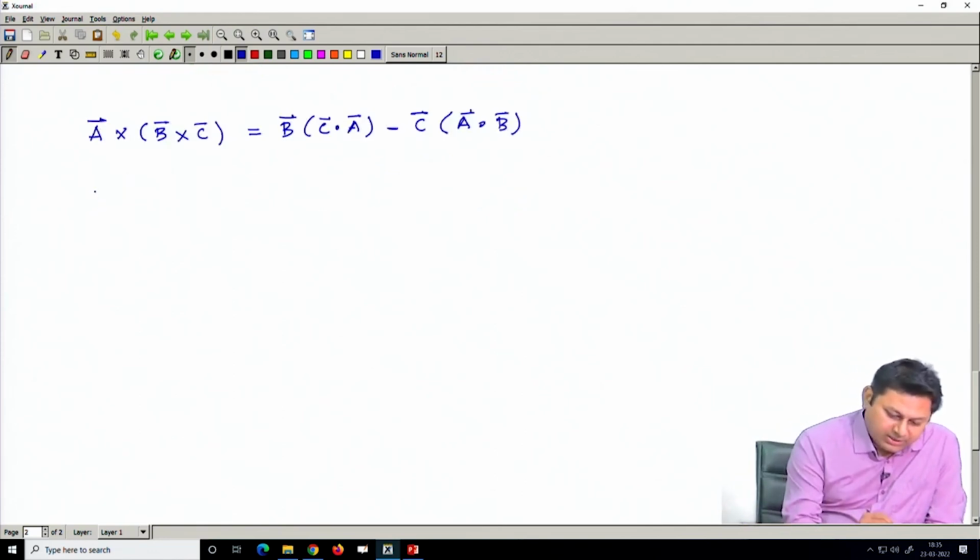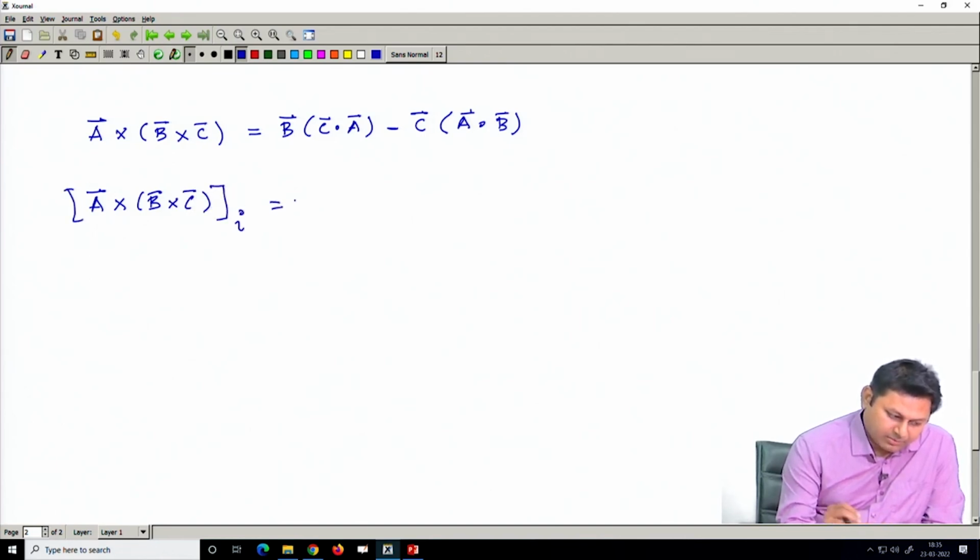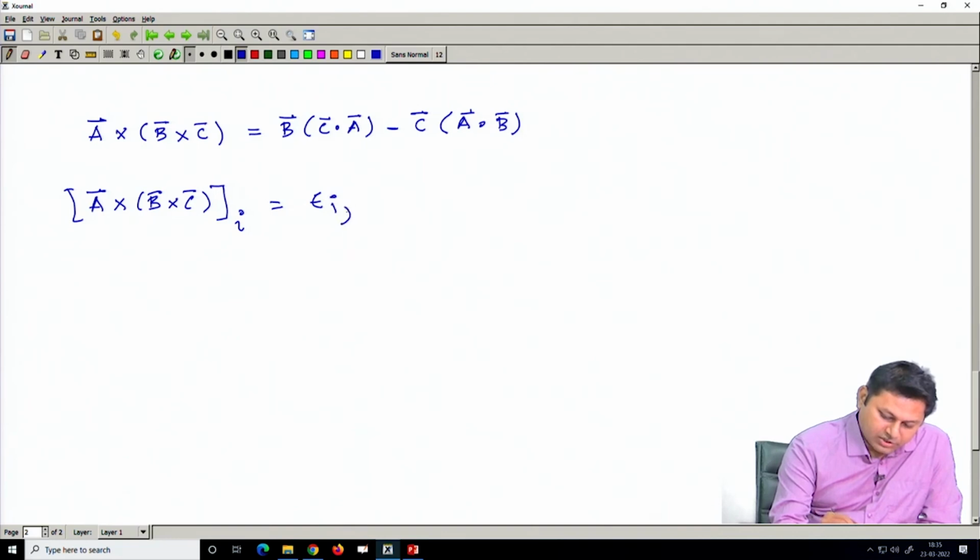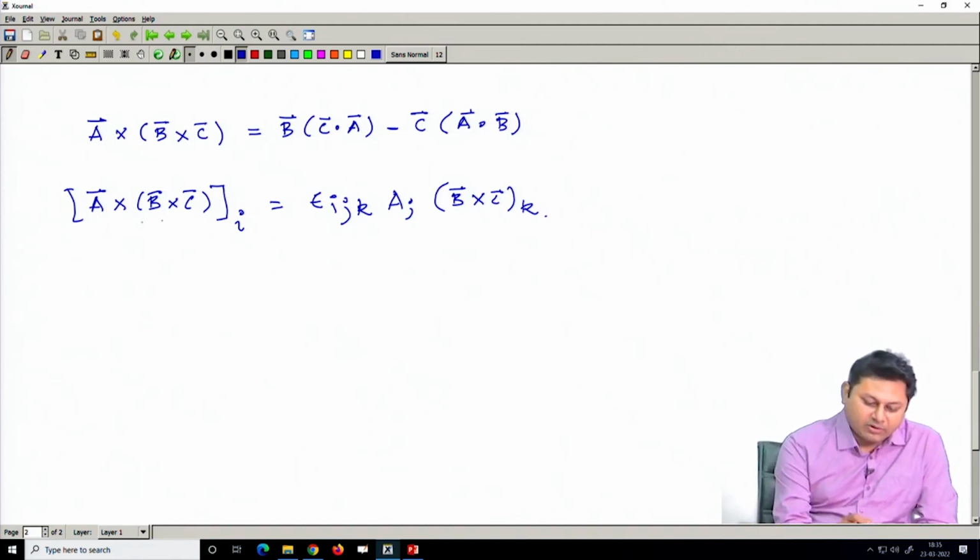So, like the way we did in the previous case, A cross B cross C, if I want to find out the ith component of this vector quantity, it will be simply epsilon I j k A j, and whatever I have here, this vector quantity B cross C, the kth component of that, because A dot A cross B is epsilon I j k A j B k.